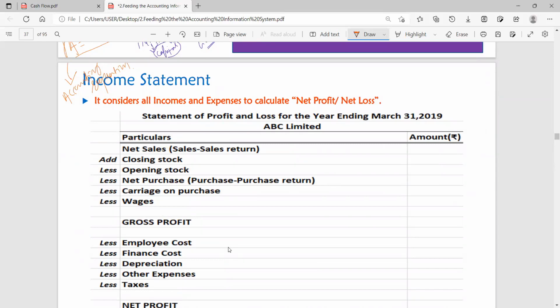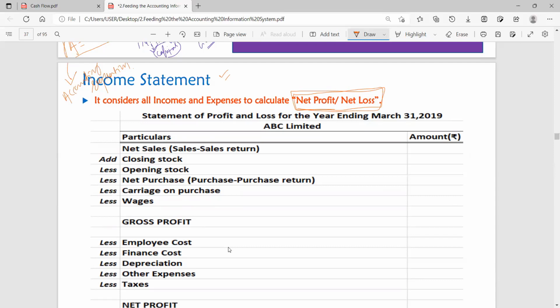As I was telling you, income statement is that statement which gives us the profit or loss of the organization or of the business. So when we do a business for a period of 6 months or 1 year, we see how much profit or how much loss we have made.